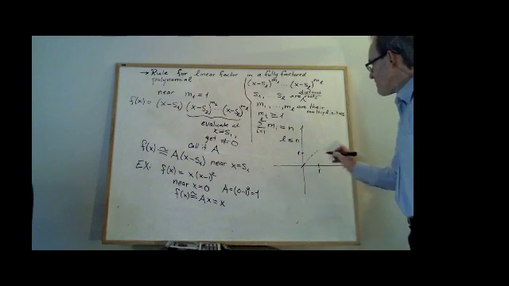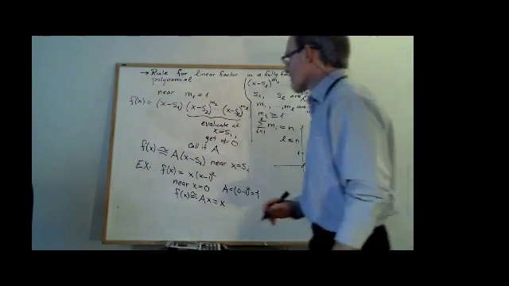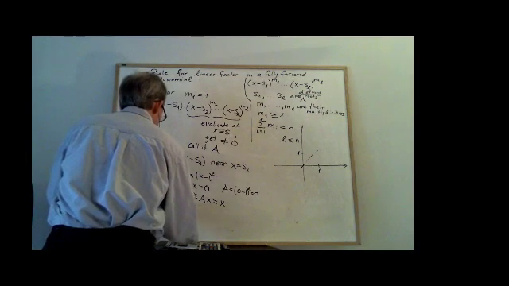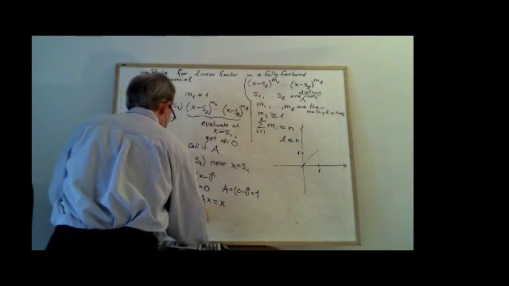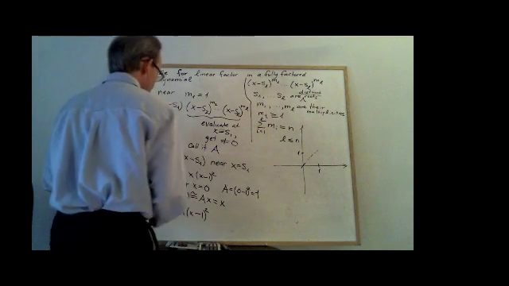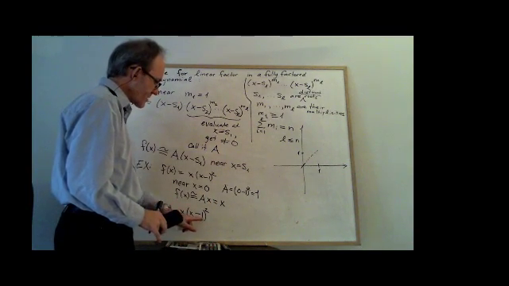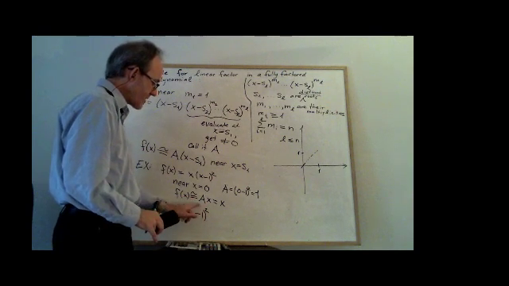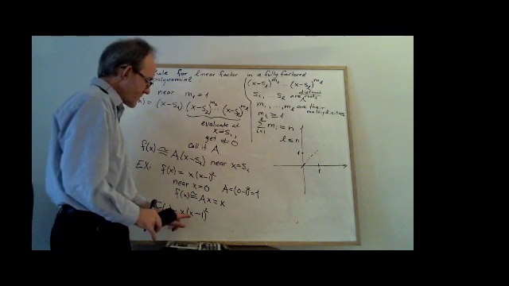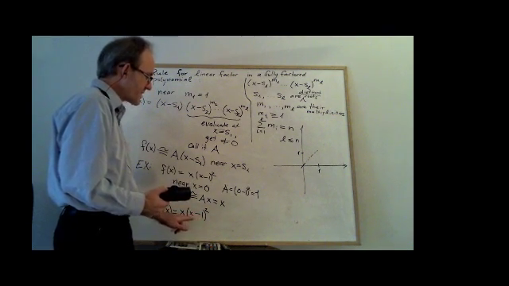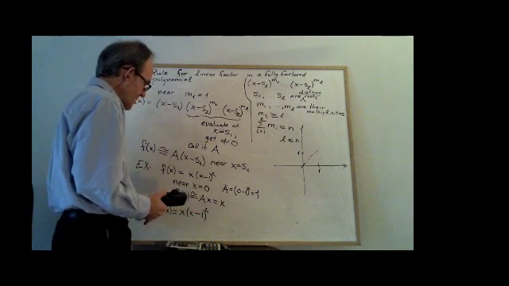Now over here, near x equals +1, the graph looks like just this quadratic term, because x minus 1 is close to 0. If I change that slightly, I'll get a drastic change in the whole function.